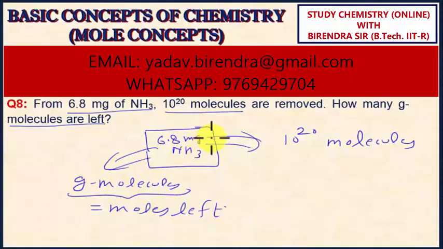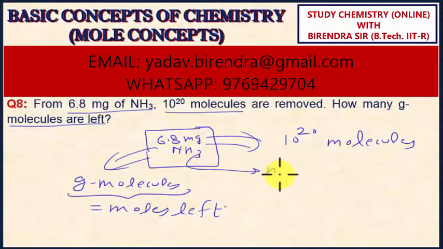So what will you do? Units are different. To solve these types of questions, just convert all into one unit. Since the question says find the number of moles left, I'll convert this mass into moles, I'll convert molecules into moles, and then I will subtract to get the number of moles left.